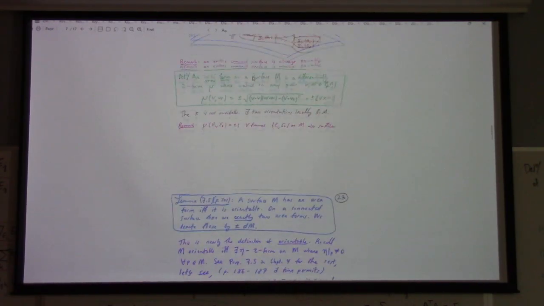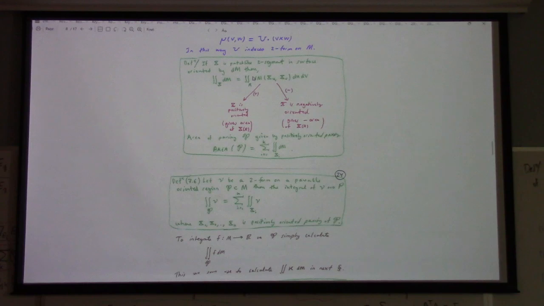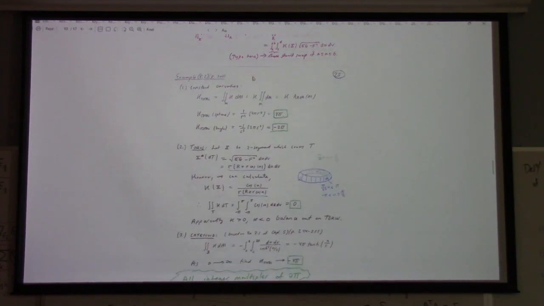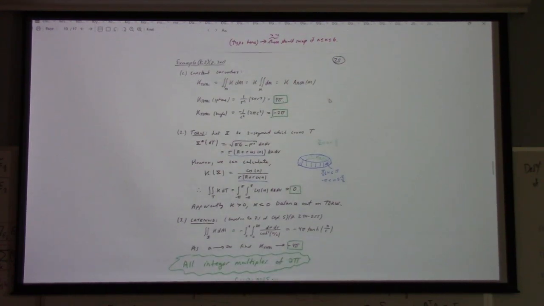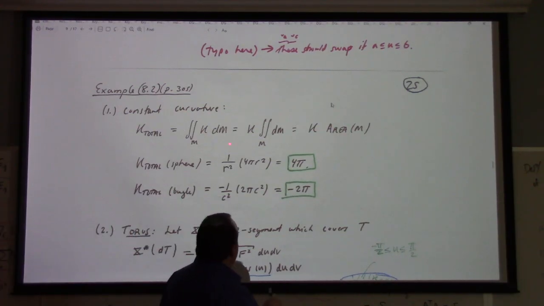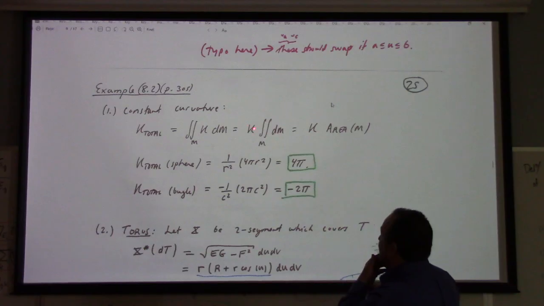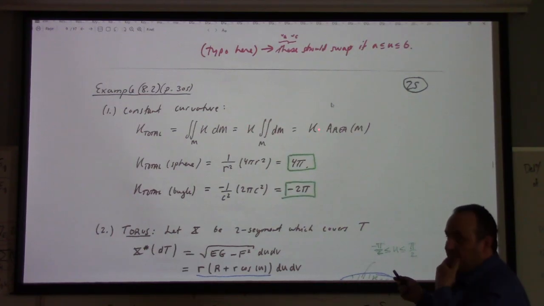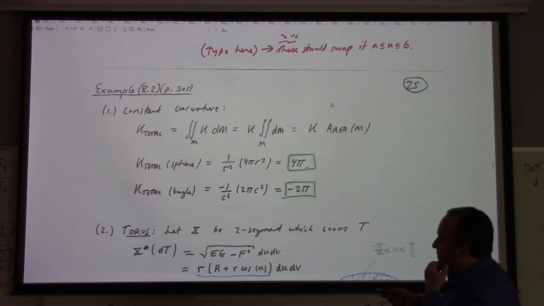So this is just a description of how we integrate on the surface. Give me a second here, I'm fishing for something. If we calculate the total Gaussian curvature, here are some calculations. Integration of K dM, if K is constant, is just K times the area of the surface. So the total Gaussian curvature of a sphere is 4 pi.